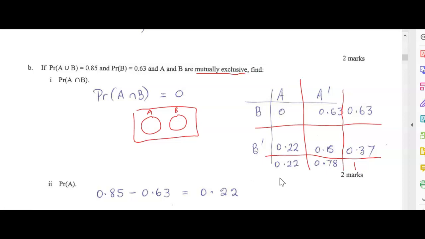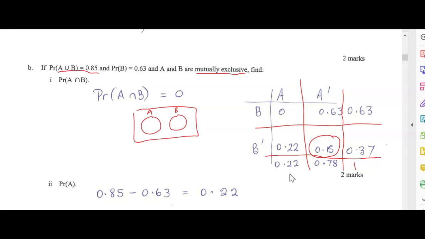Now the other tricky thing is, if you did that, we've only got the first row and this last column. If you're wondering where the 0.22 and the 0.15 come from: this 0.15, if we consider the probability of A or B is 0.85, then the probability of not A and not B is 0.15.